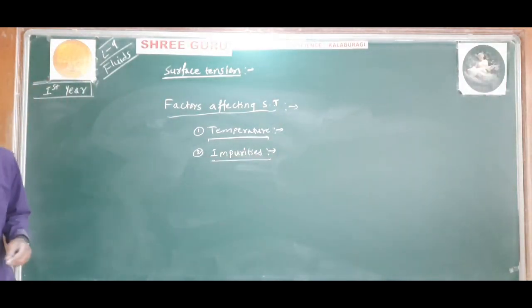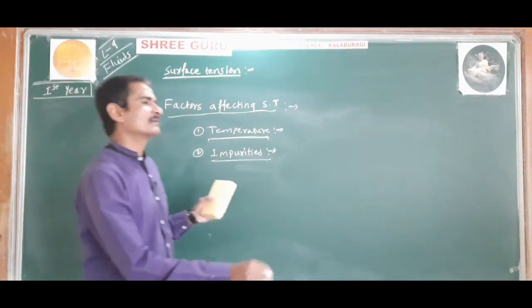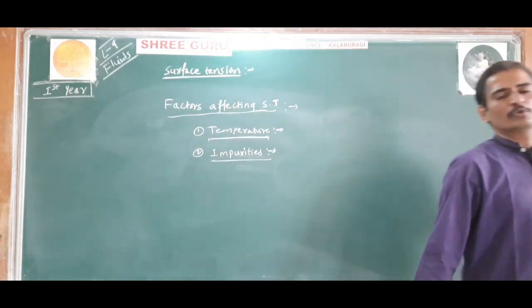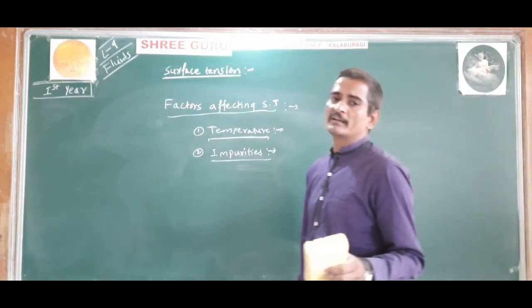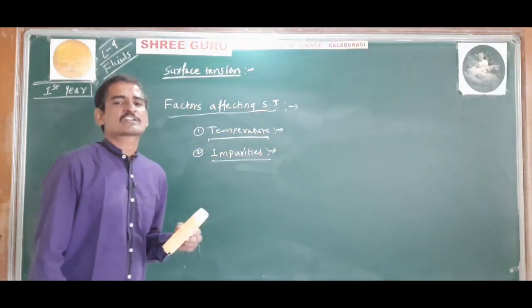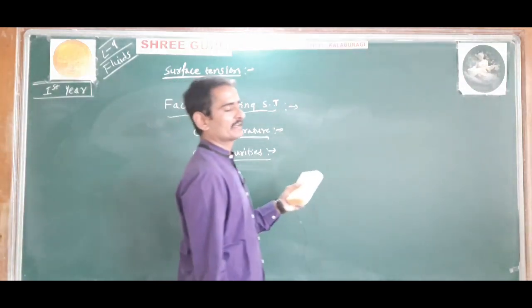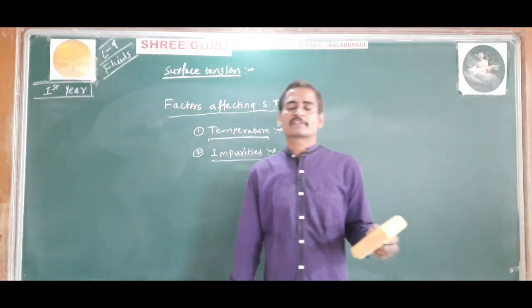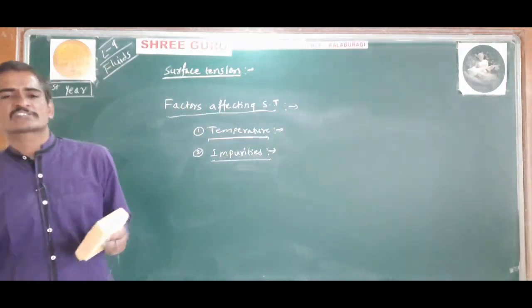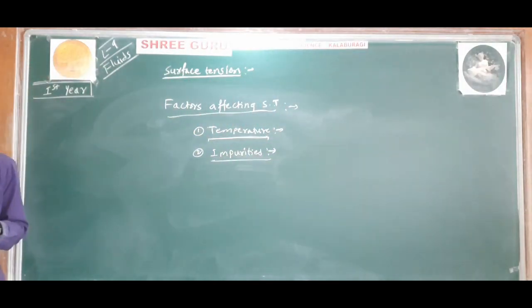When highly soluble impurities like sodium chloride are added to the water, it will increase the surface tension of water. When sodium chloride is mixed with the water, the surface tension of the water increases.